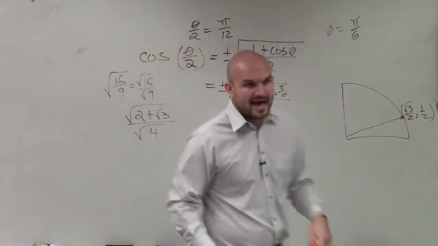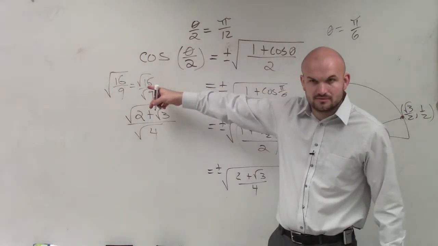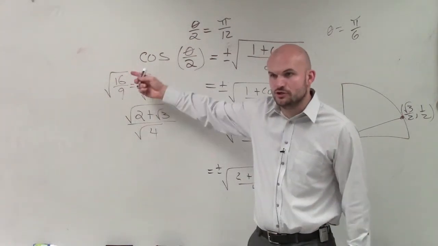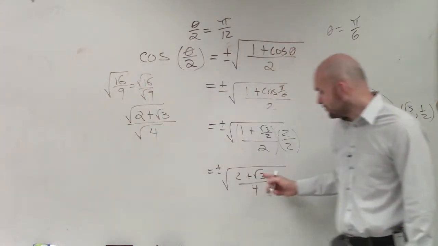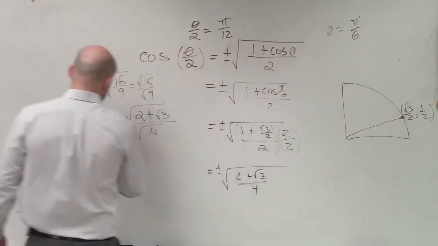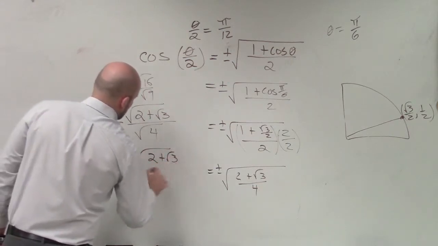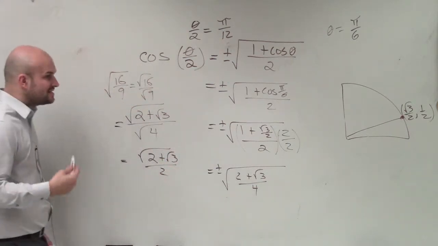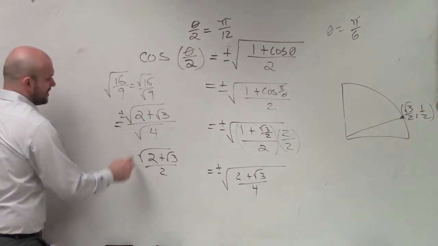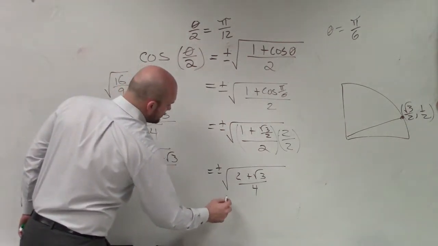The square root, when you have a fraction, goes in the numerator and the denominator. So I broke it up. Do we know what the square root of 4 is? Yeah, it's 2. So dividing by 2 is the same thing as multiplying by 1/2. That's where I got my answer.